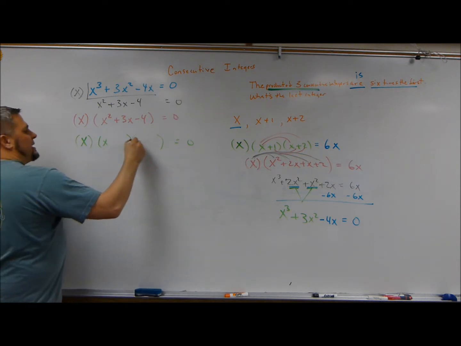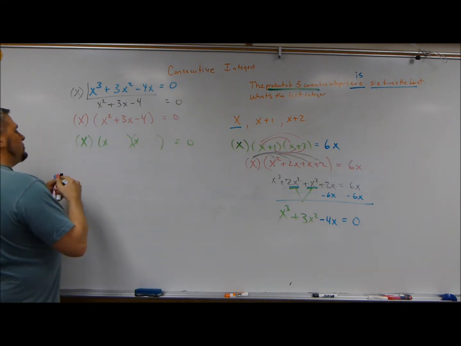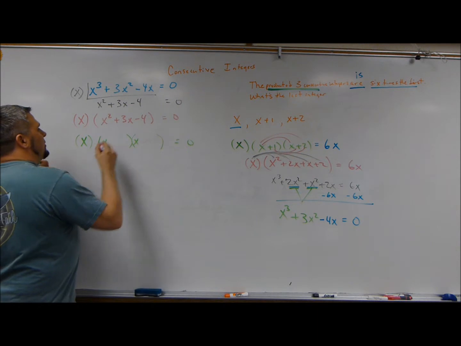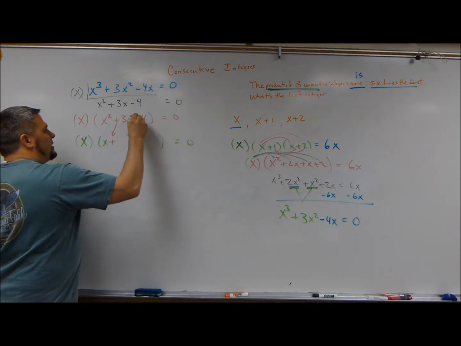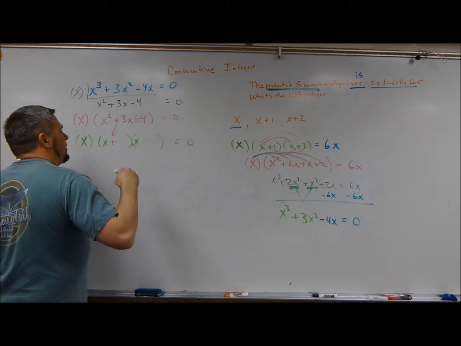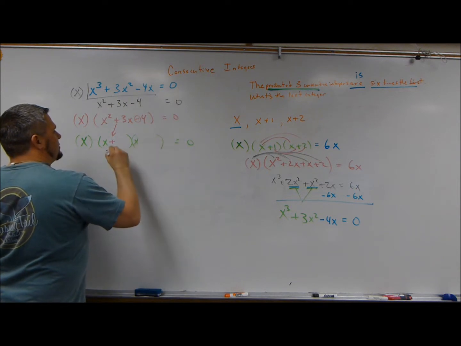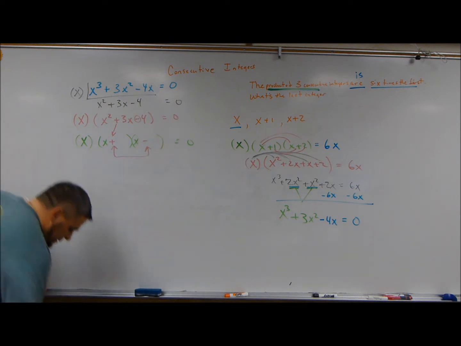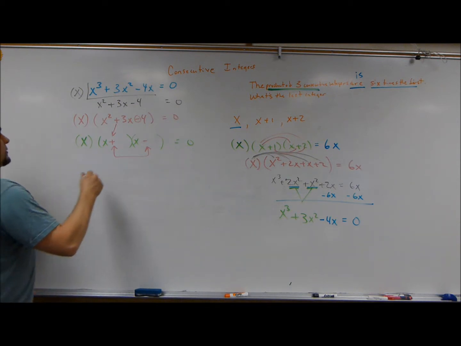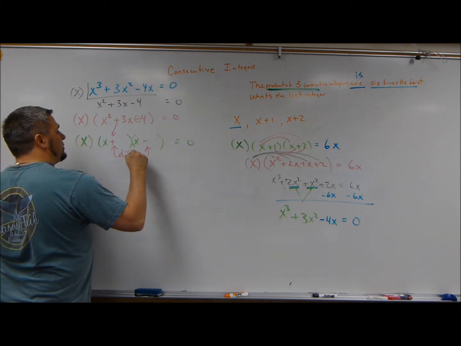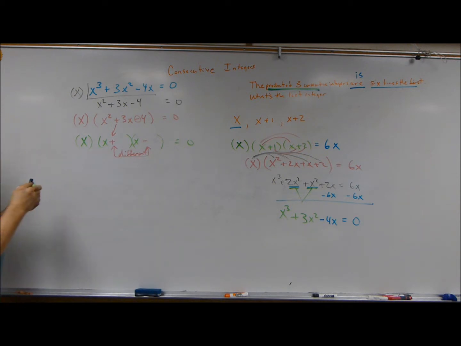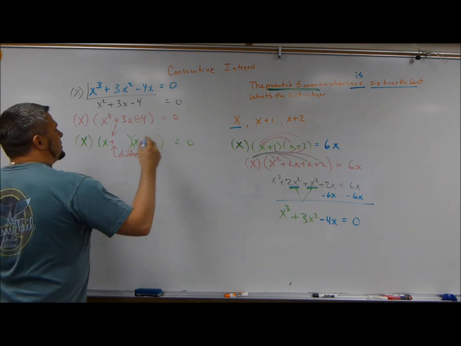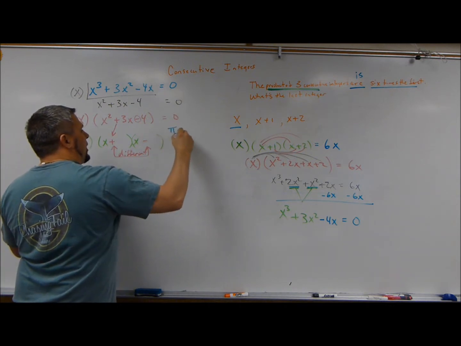I have an x, and this sign comes down. This tells me that the two signs are different. Then I've got my product and my sum.